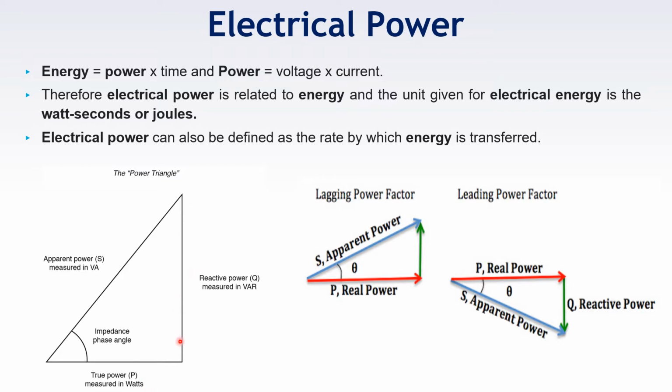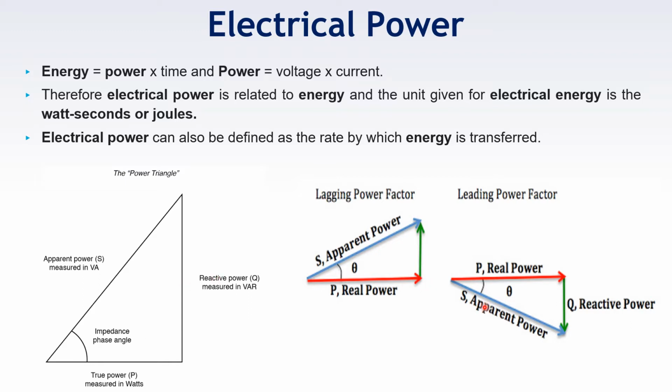The vertical component or y-axis component is shown for the reactive power and the symbol is Q, and the unit for reactive power is VAR, that is volt ampere reactive, and the diagonal or hypotenuse of this power triangle is called apparent power and it is measured in volt ampere, that is VA.